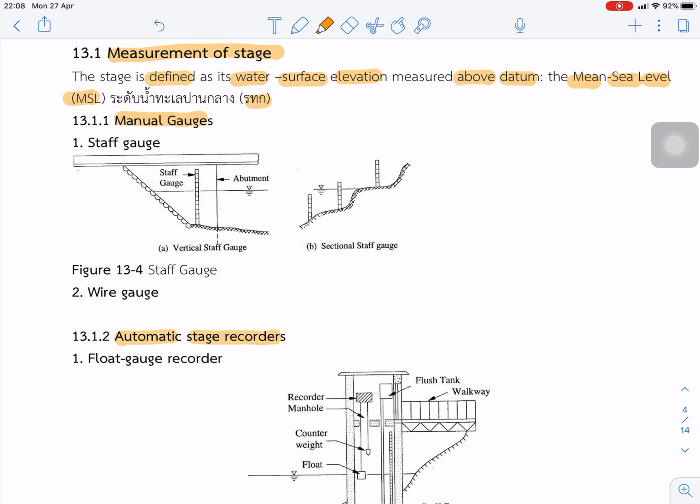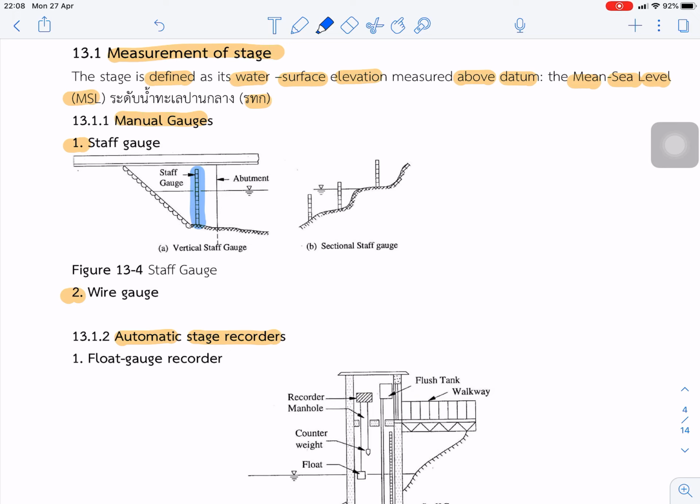For manual gauge we have the stop gauge or the wire gauge. Stop gauge is where we put the gauge attached to, for example, the embankment of the bridge, and measure the water level from this gauge.